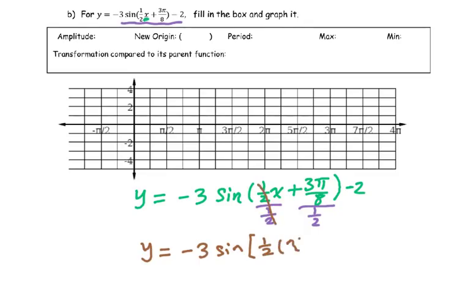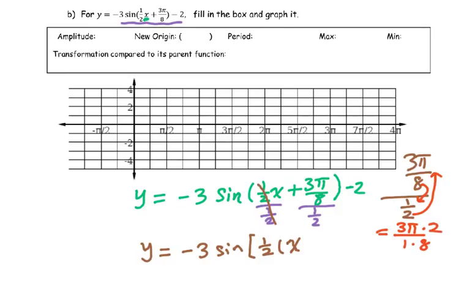Reduce, that is x. For 3 pi over 8, then over 1/2, we have to do a complex fraction operation. 8 goes down, 2 goes up. So you get 3 pi times 2 and 1 times 8.